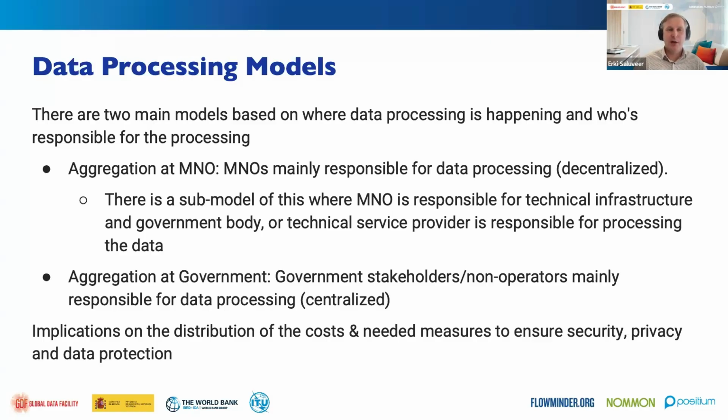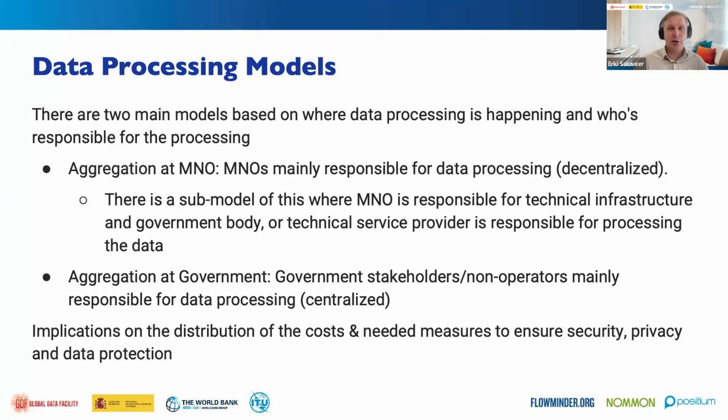So one is where aggregation is happening at the mobile network operator side, where the mobile network operator is mainly responsible for data processing. And the other one is where the aggregation is happening at the government side, and government stakeholders are responsible for the data processing. There is a submodel in between of those, where the mobile network operator is responsible for technical infrastructure, but the government body or technical service provider is responsible for the processing of the data.